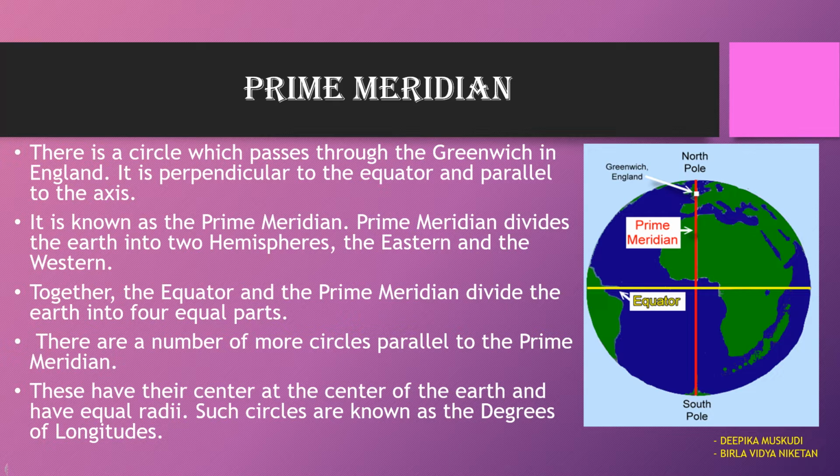Its value is 0 degree longitude, and from it we count 180 degrees eastward as well as 180 degrees westward. The prime meridian and the 180 degree meridian divide the earth into two equal halves. That means altogether the equator and the prime meridian divide the earth into four equal parts.